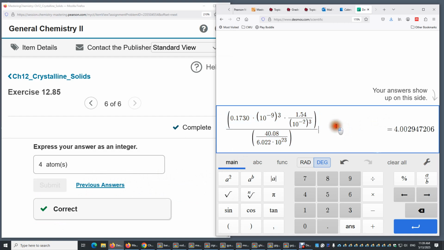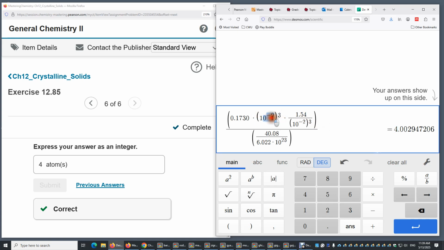Let's review the setup. On top, I have the mass of the calcium atoms in one unit cell. The bottom, that's the mass of one calcium atom. And after we do the division, we get the number of calcium atoms inside one unit cell. I think the difficult part is to do the conversions.